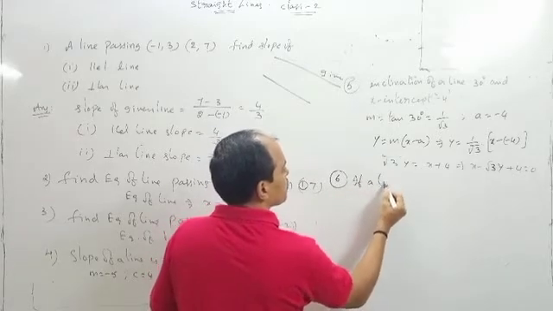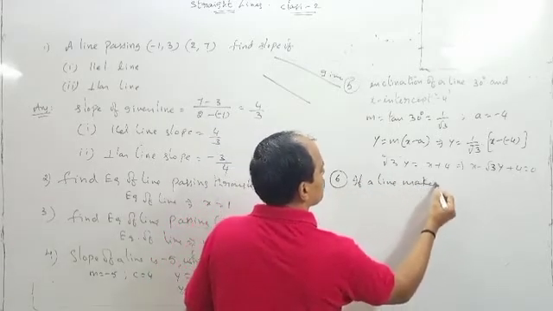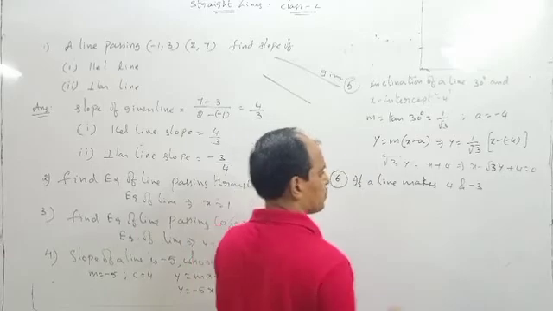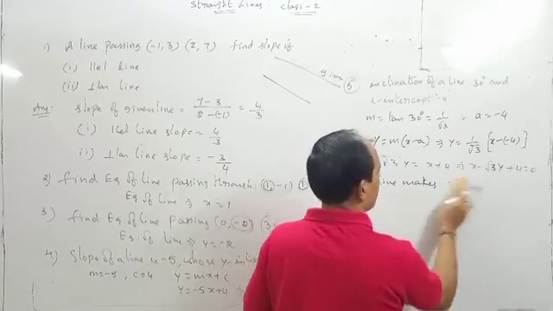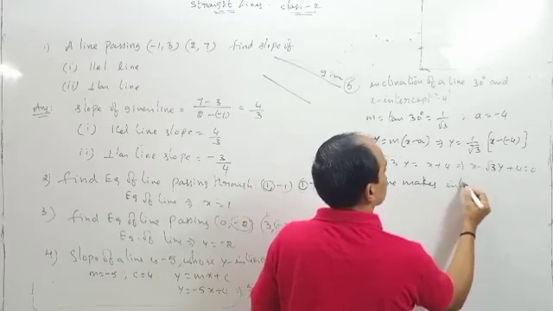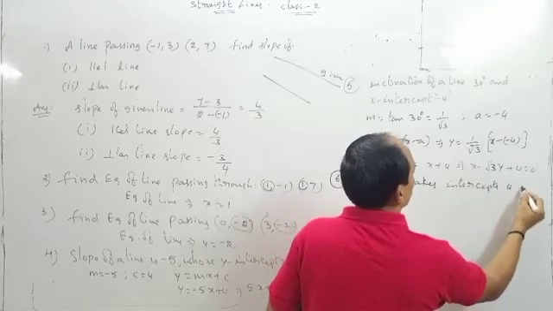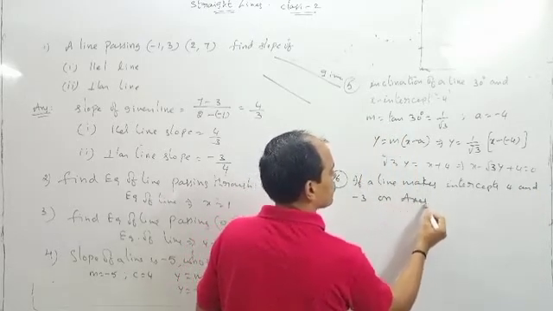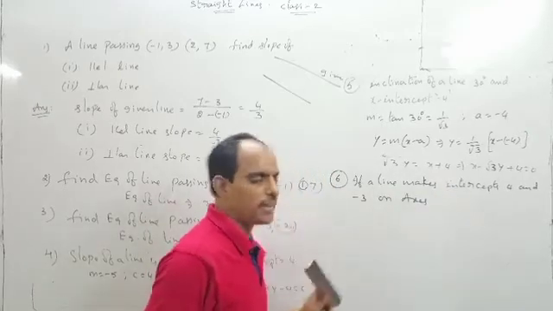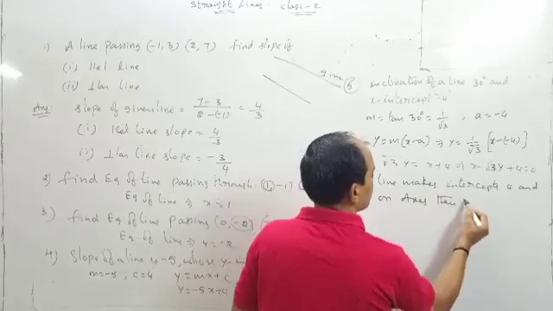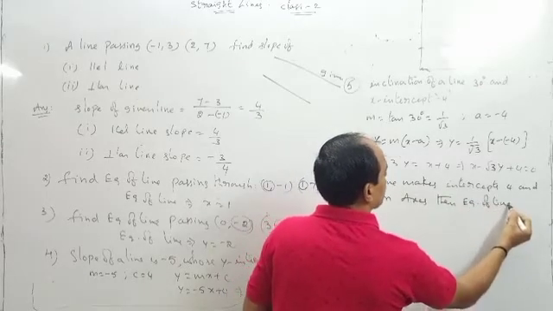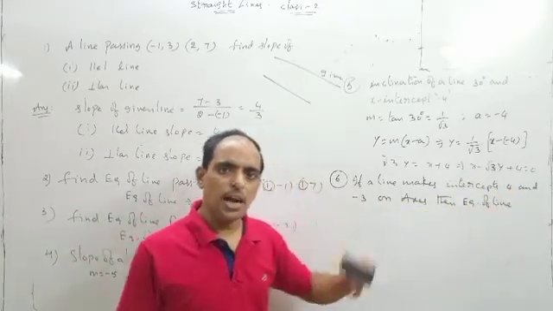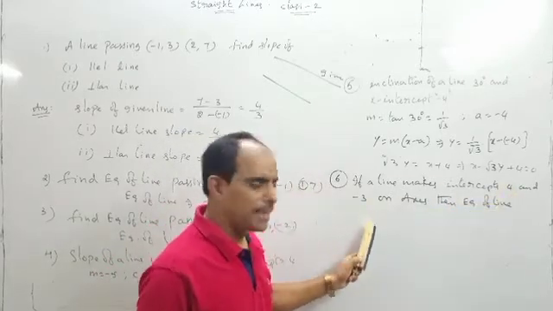Next, if a line makes intercepts 4 and minus 3 on the axes, then when we say that, first take the x-intercept, next the y-intercept, then find the equation of the line. Here both intercepts are given, the x-intercept and the y-intercept. The x-intercept is 4, the y-intercept is minus 3.